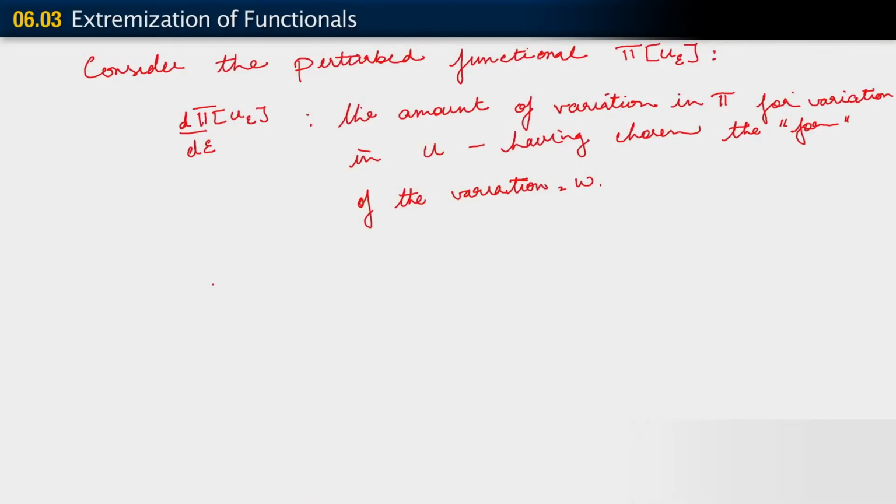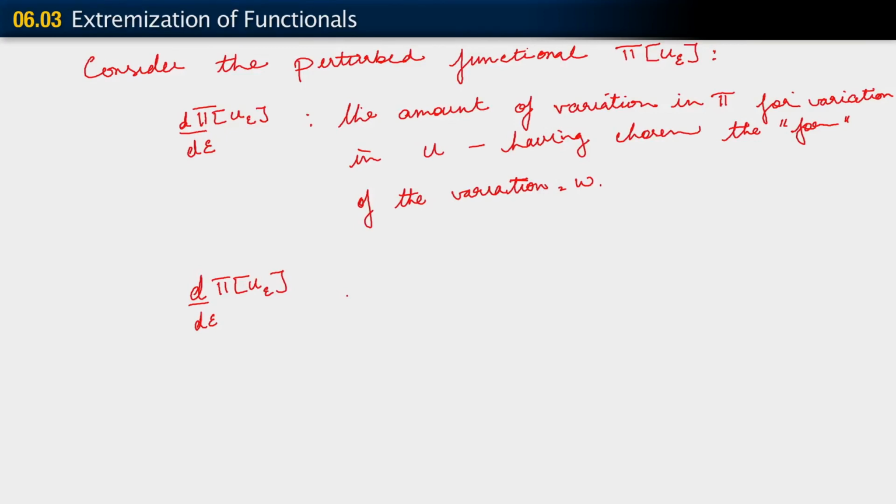Now, however, what we want is a variation in pi right about U. Okay? So if we further consider d/d epsilon of pi of u sub epsilon, we construct this derivative with respect to a scalar epsilon, which is easy to do.